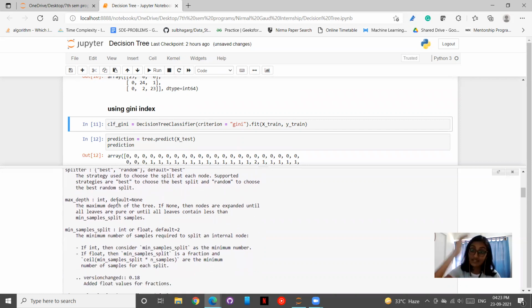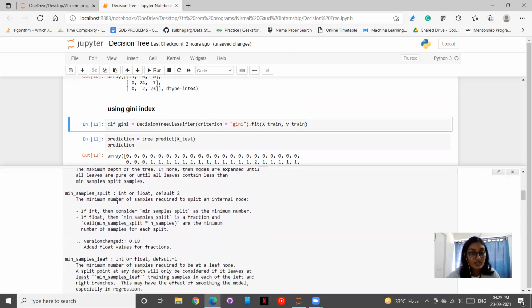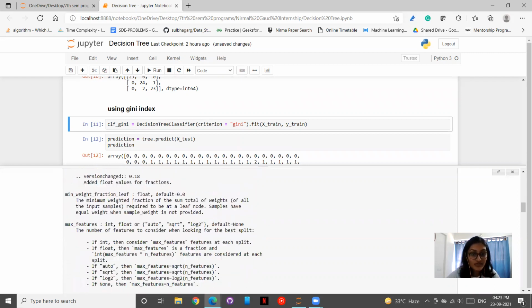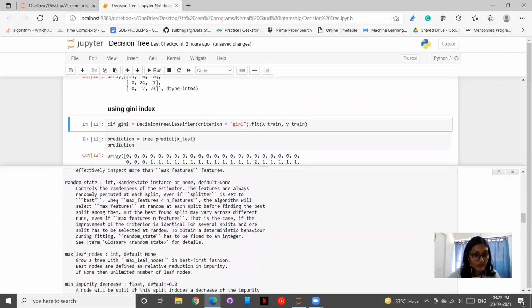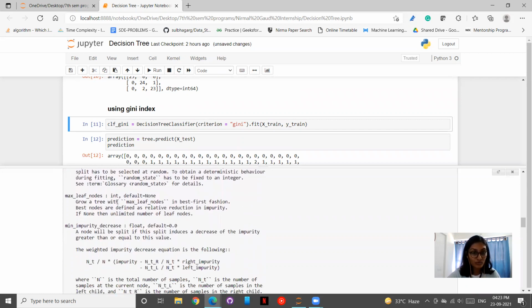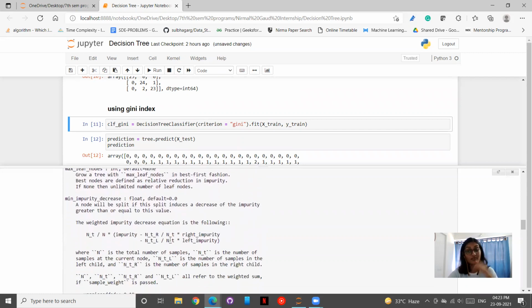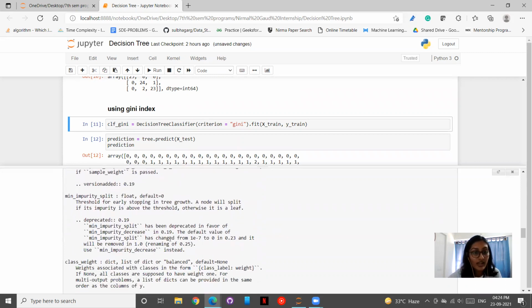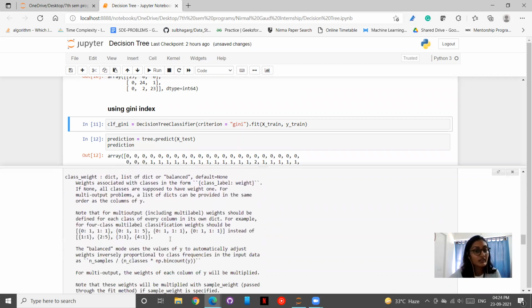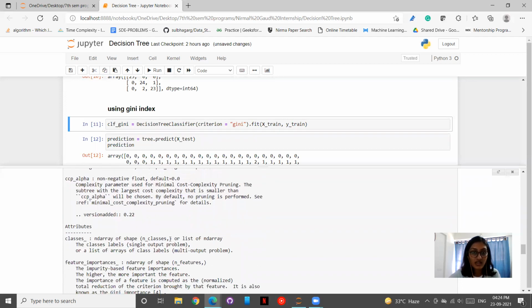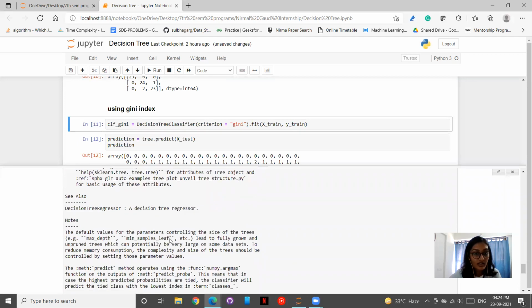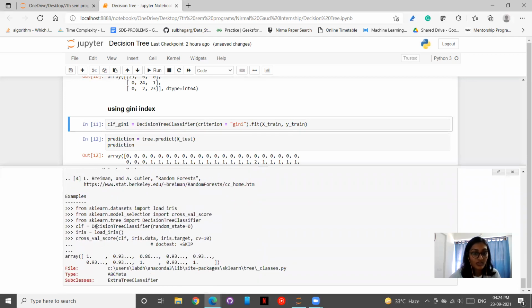Then we have max depth of the tree, then min samples of the leaves, the random state, max leaf nodes, min impurity decrease, which is our entropy, and min impurity split, class weights. So these are various parameters that it has, and this is one of the examples that they have shown over here.